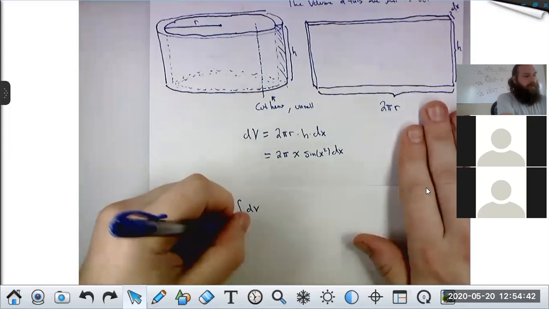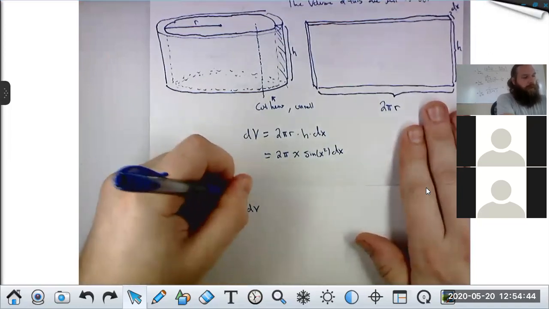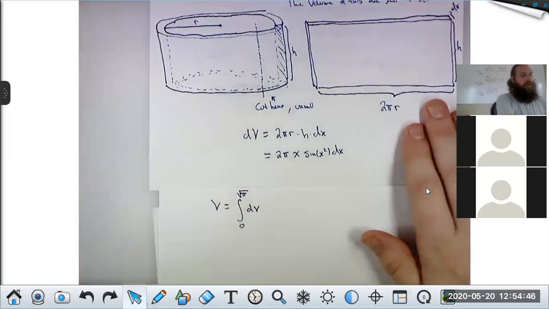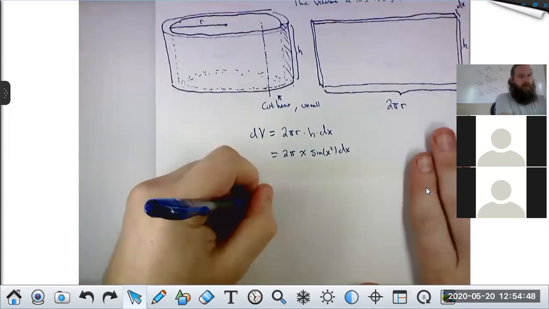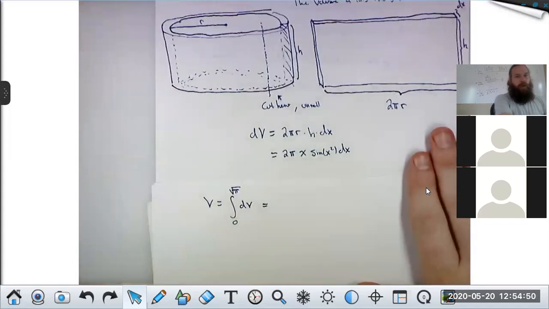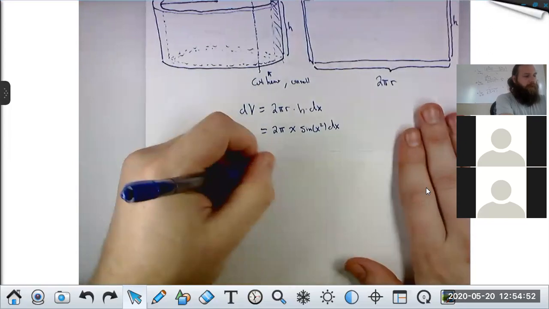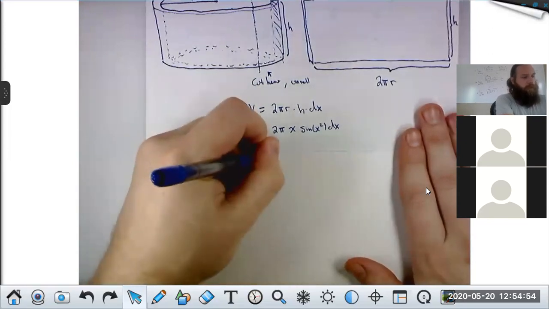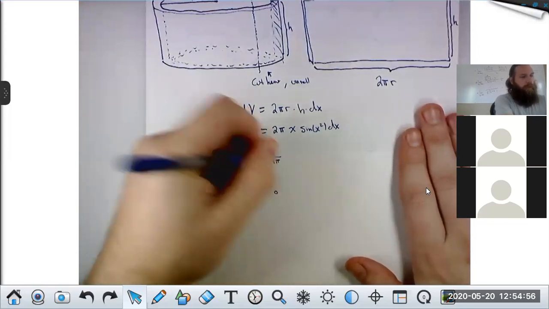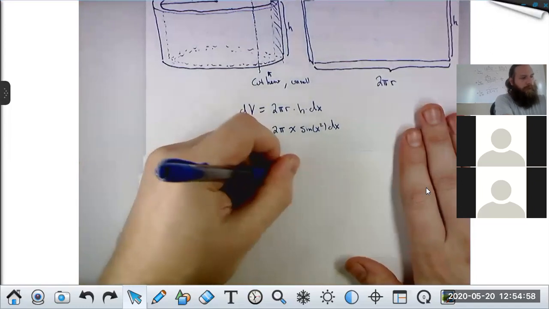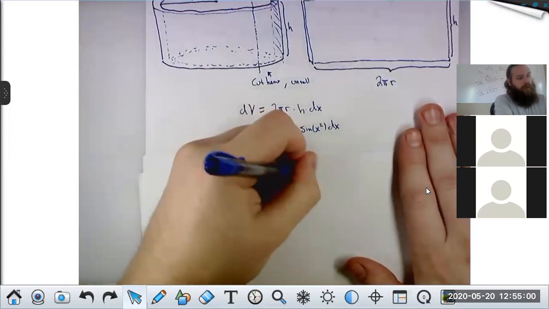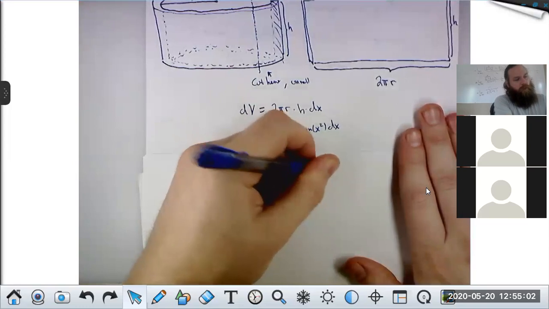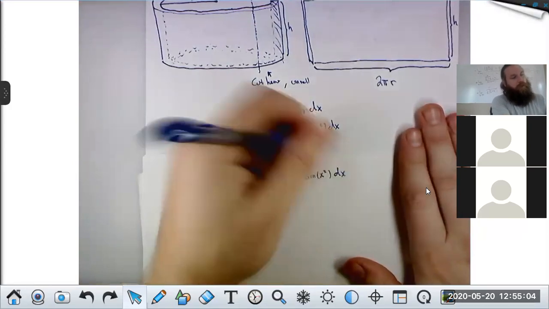So I'll be integrating from 0 to the square root of pi. And the thing I'm going to be integrating is dv. So that's the integral from 0 to square root pi, 2 pi x sine of x squared dx.